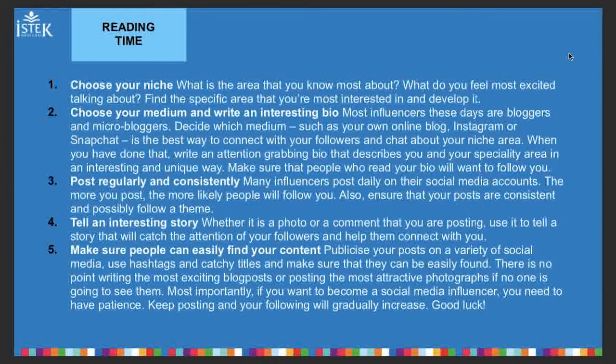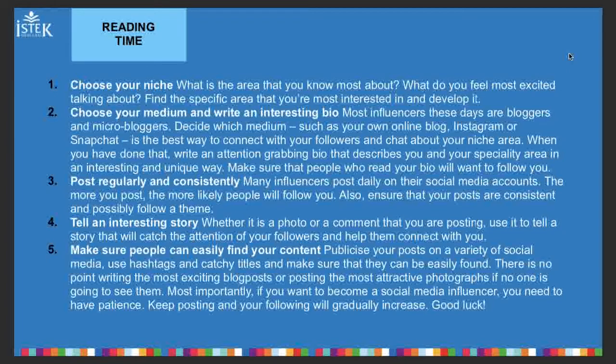Number 1, choose your niche. What is the area that you know most about? What do you feel most excited talking about? Find the specific area that you're most interested in and develop it. Number 2, choose your medium and write an interesting bio. Most influencers these days are bloggers and microbloggers.